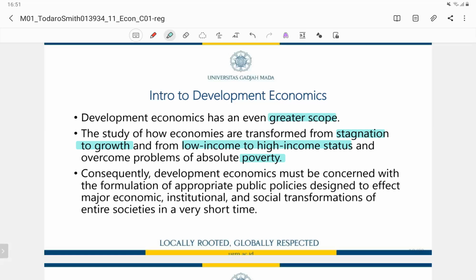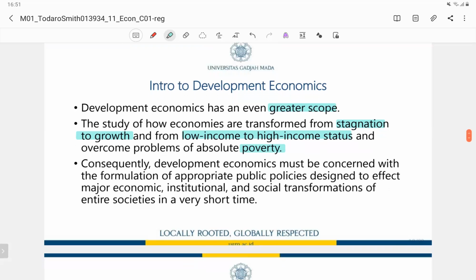Consequently, development economics must be concerned with the formulation of appropriate public policies designed to affect major economic, institutional, and social transformation of entire society in a very short time.